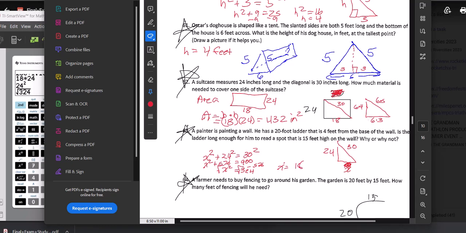So that would have gotten us the 18 for being the side there. But again, if you recognize it as a 3, 4, 5 triangle, it saves you a lot of time. But regardless, the answer is 432 inches squared.